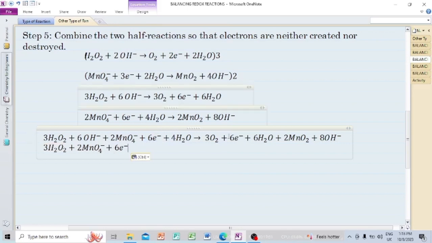And itong 6e negative natin dito, ilipat natin sa kabila, minus 6e negative, kasi nilipat natin sa kabila, kaya naging minus.